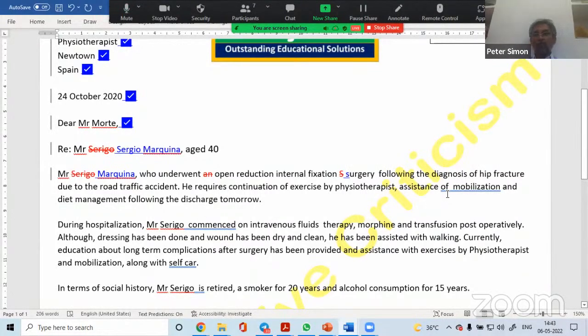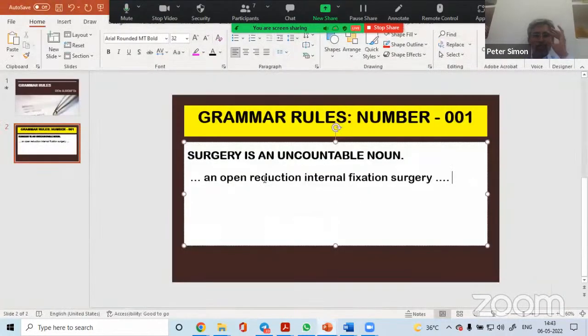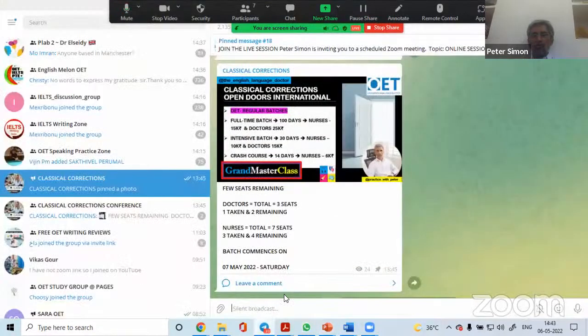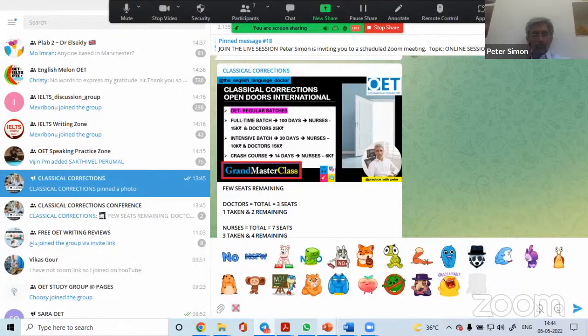So write anyone. Don't write too big an introduction. So here the rule is like this: an open reduction internal fixation surgery. So here this is wrong.